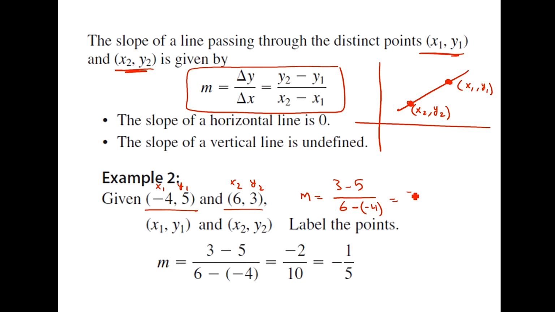And this is equal minus 2 over 10, and this is equal negative 1 over 5. This is the slope. If you draw the 2 points and connect between them by line, you can find the line with the slope negative 1 over 5. This is the decreasing line.